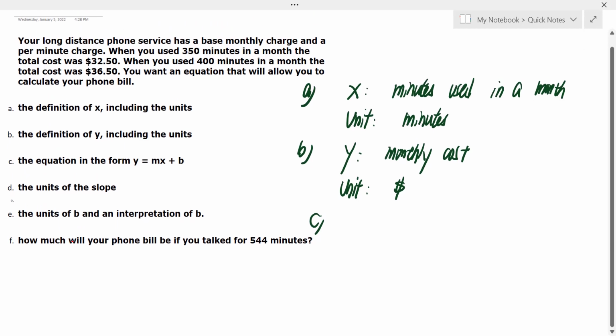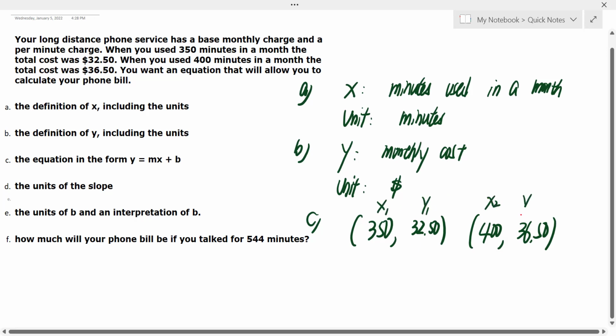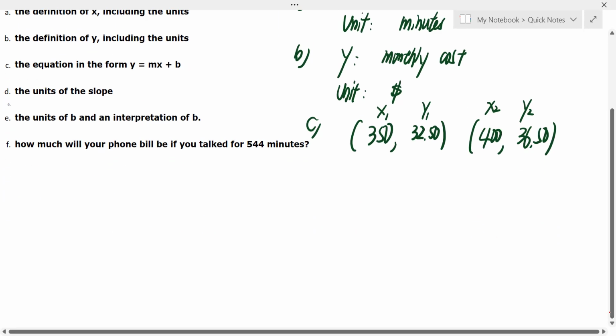So actually we are given two ordered pairs. The first one is when you use 350 minutes, that x value, the total cost is $32.50. If you are using 400 minutes, then the total cost is $36.50. And we can view this as x1, y1, x2, y2. Again, two ordered pairs, we utilize that, find the slope first. Slope equals y2 minus y1 over x2 minus x1.